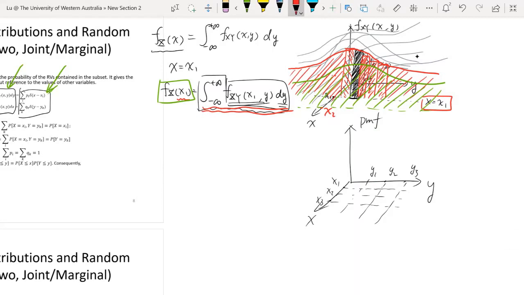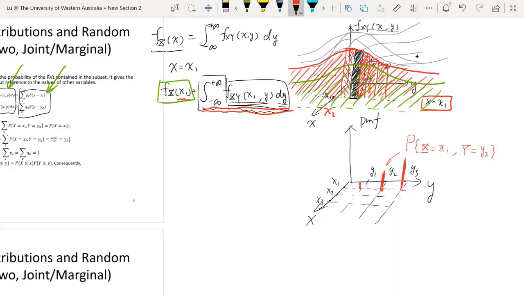For example, at the x1, y2 point, you get one single impulse. The height of this impulse indicates the joint probability that random variable x equals x1 and random variable y equals y2. And at the x1, y1 point, you get another impulse. At the x1, y3 point, you get another impulse.